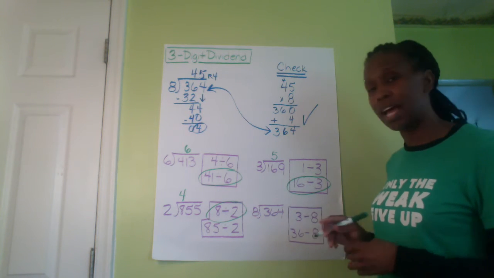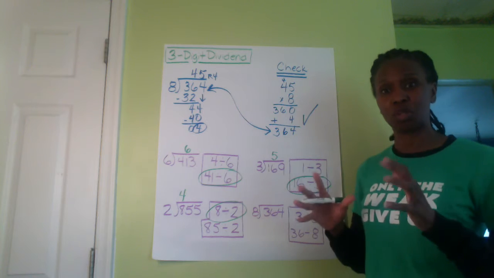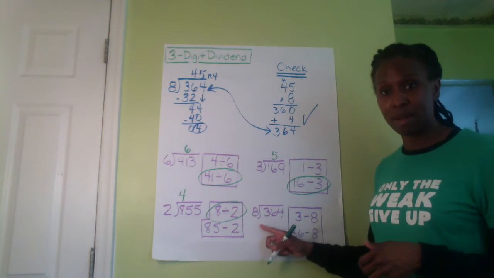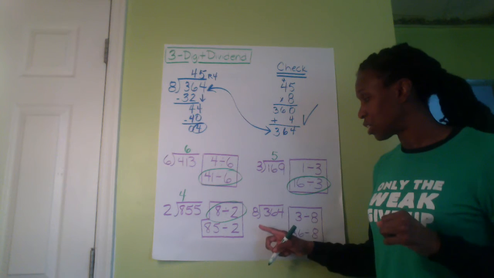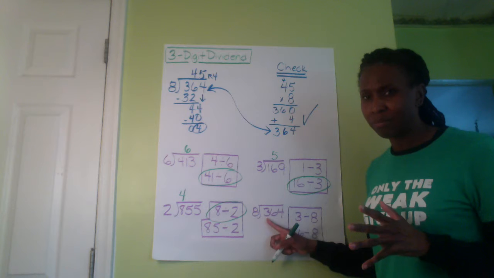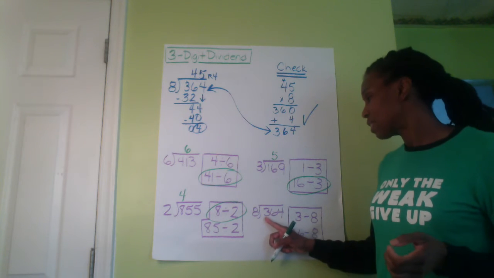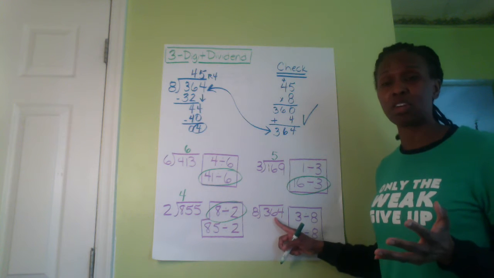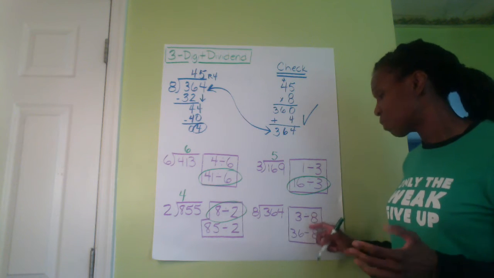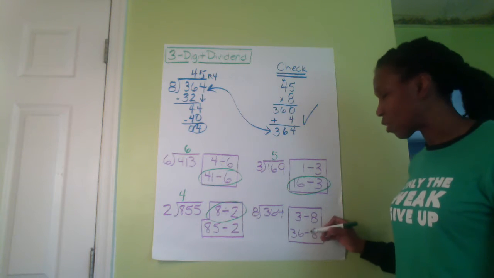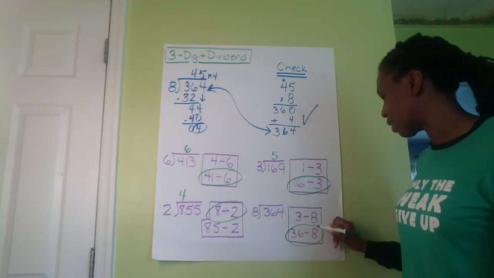Let's do the last one before we start actually doing some more division. We have 364 divided by 8. Again, starting with the first digit, the 3. Can I take groups of 8 out of 3? Well, no, it's not enough. So let me slide over to this next digit, 36. I most definitely can take a group of 8 out of 36. So between these two division sentences, this is the one that will be my first step, 36 divided by 8.